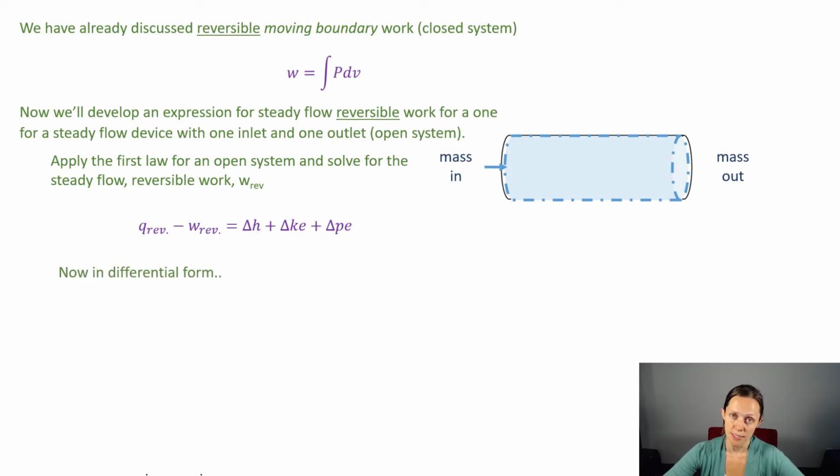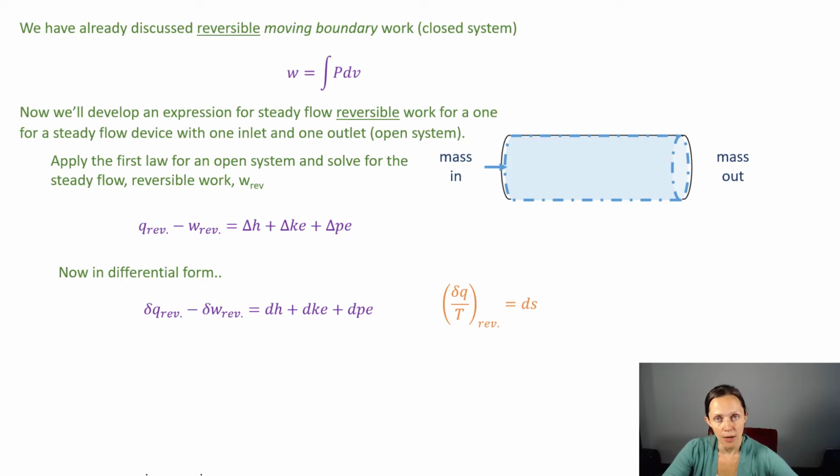Now I'm going to put things in differential form. So I've got some differential amount of heat transfer for the reversible process minus some differential amount of work for the reversible process. And I remember back when I talked about developing an equation for the entropy change, when we talked about Clausius's inequality, we came up with this equation right here.